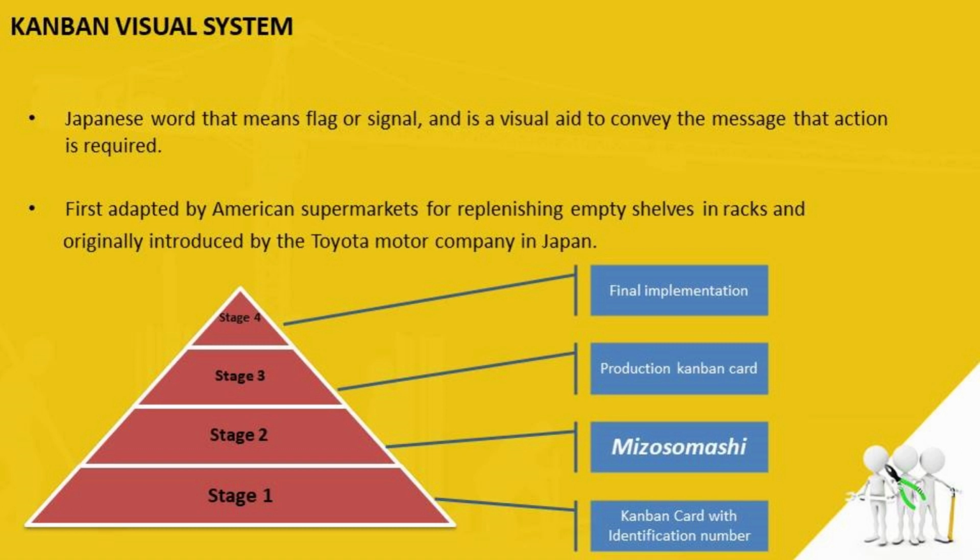In stage 4 of Kanban card implementation, one worker from each of the manufacturing cells goes to the rack placed opposite his cell with his trolley. He removes the hanging production Kanban cards and places the empty bins from the rack in his trolley.